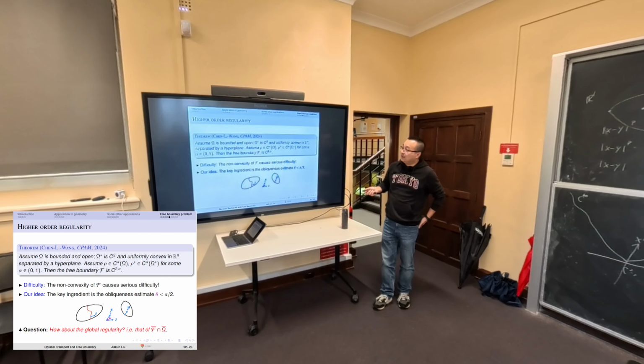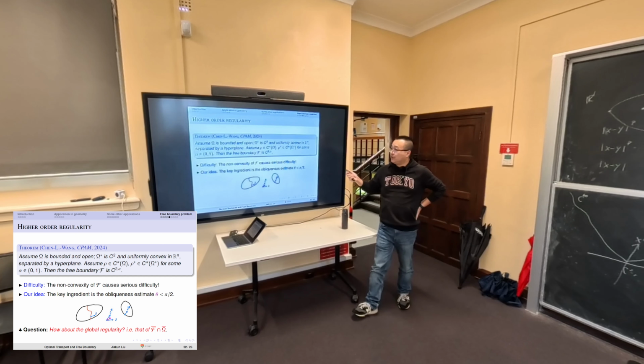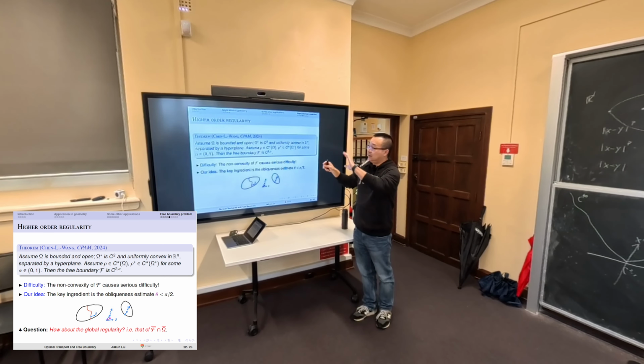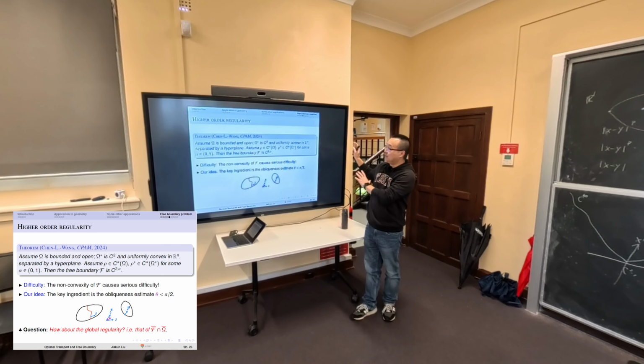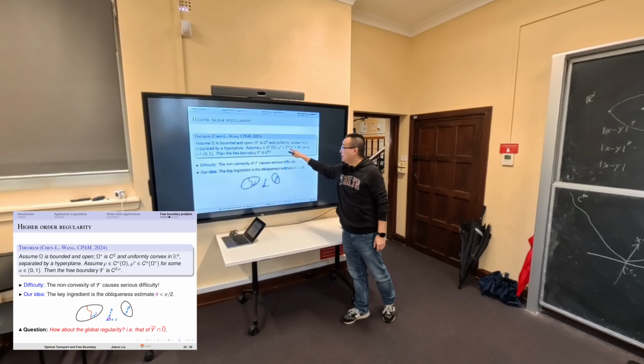This was finally solved last year in a joint work with Shibing Chen and Jiawang Xu. We can prove, as far as the domain omega is bounded, I do not need any convexity. But the target, we assume it is C2 and uniformly convex, and they separate from each other. Then as far as the density function is C alpha, the free boundary will be C2 alpha.